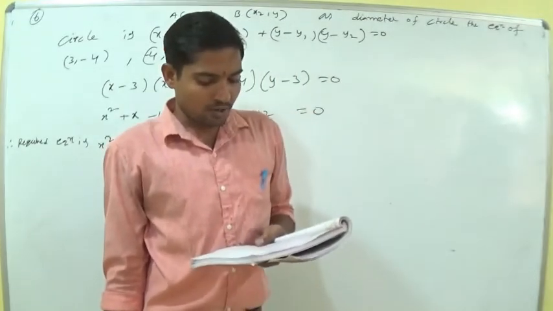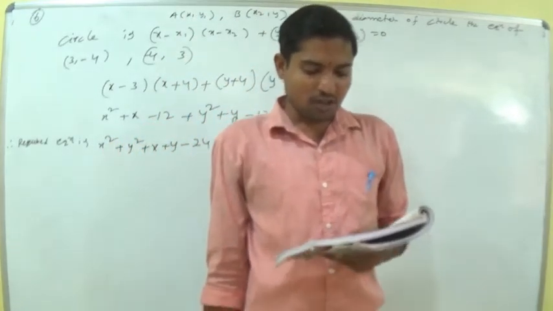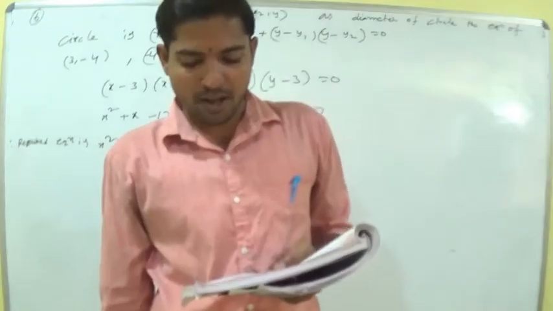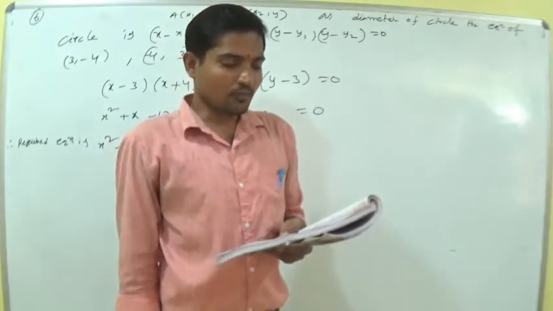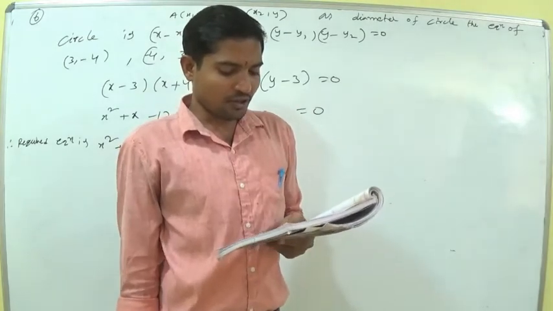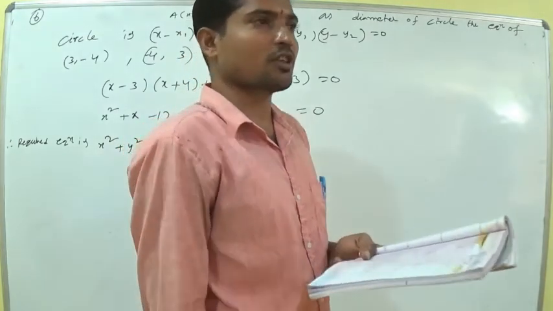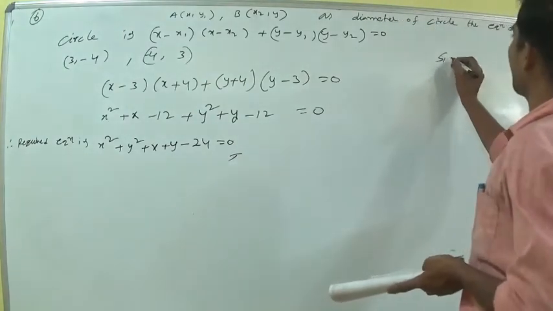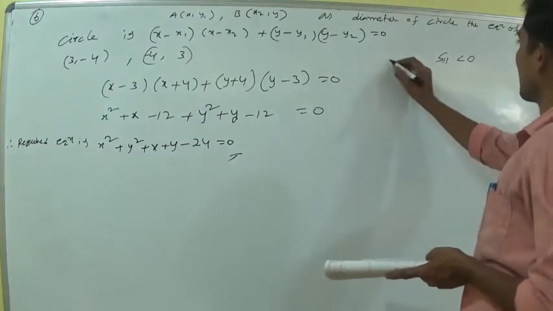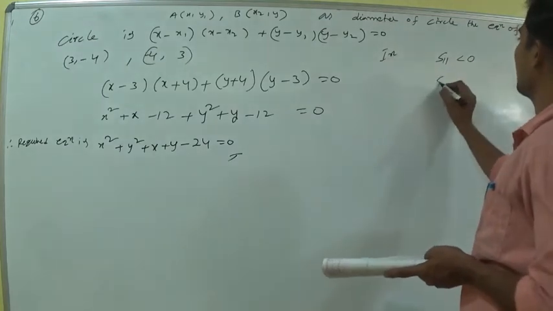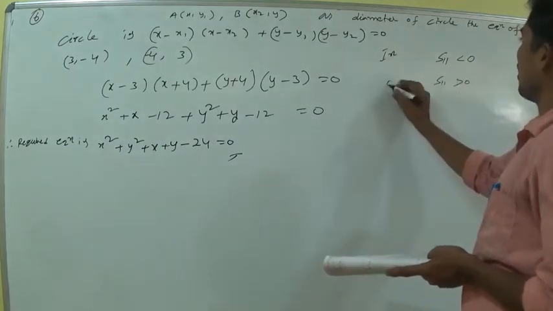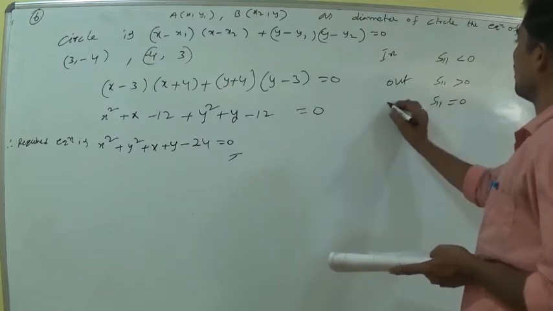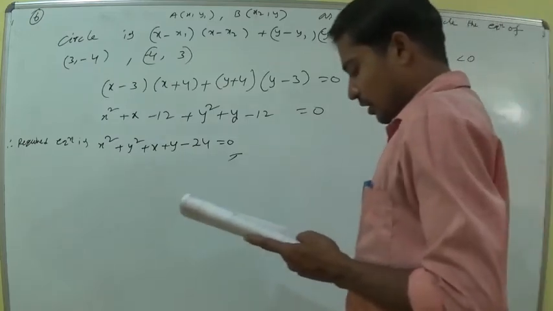Next one, comprehension. S equal to 0 is a circle and P (x1, y1) is a point in its plane. Then P lies inside the circle when S11 less than 0; S11 less than 0 inside, S11 greater than 0 outside, S11 equal to 0 on the circle.